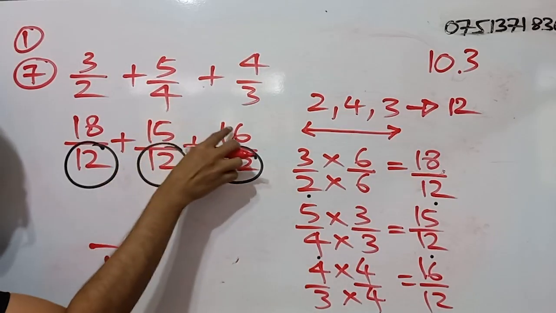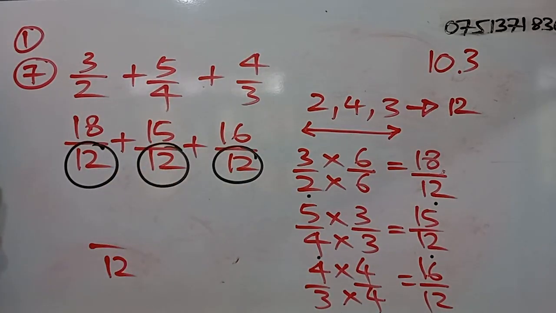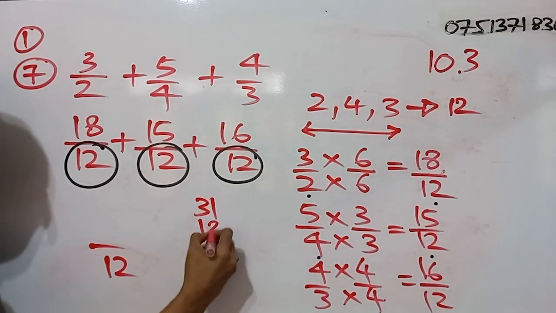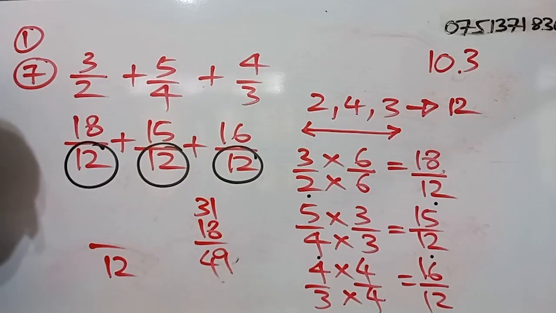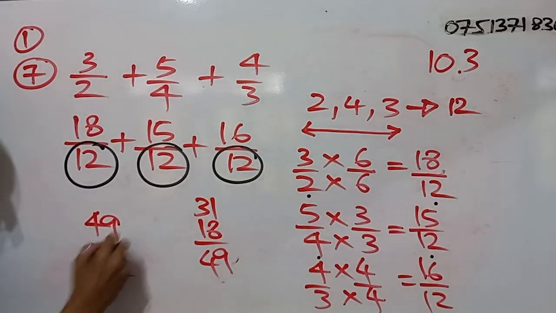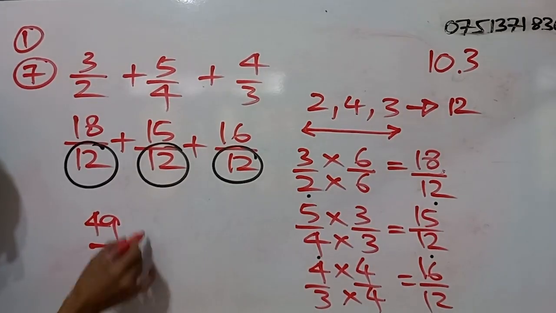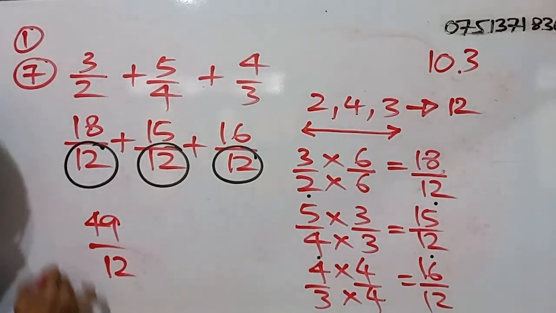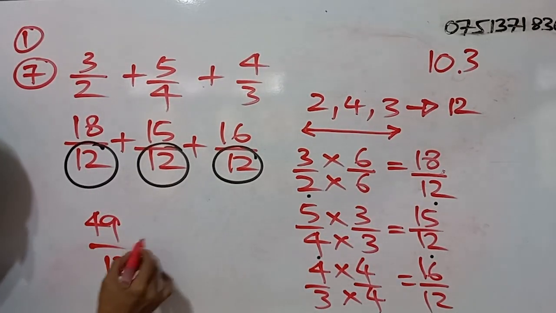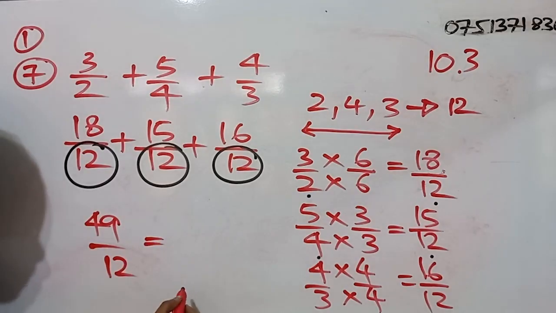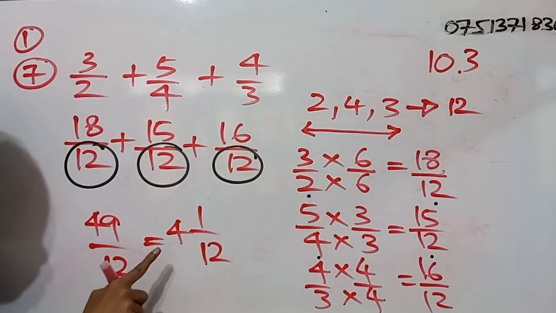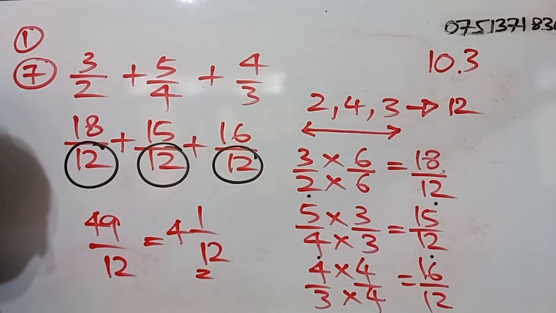So 15 plus 16, what is that? 31. 31 plus 18. So it will be 49. So the numerator will be what? 49. Now, as you can see, this fraction is what? Improper fraction. So we have to convert that into a mixed number. When we do that, what do we get? 4 and 1 by 12.